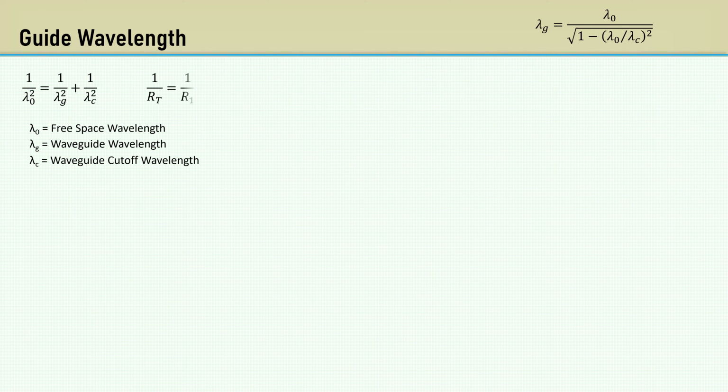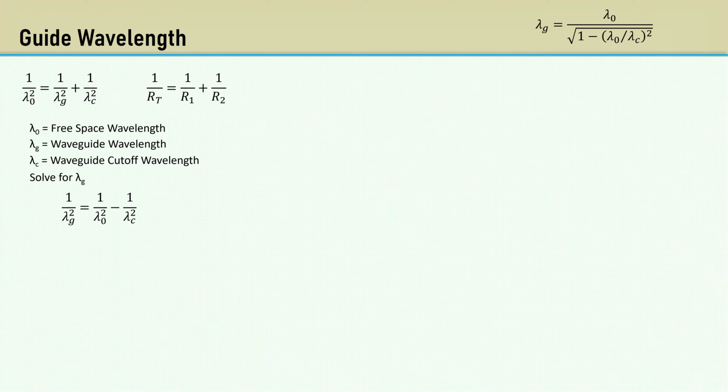It has a form like the formula for resistors in parallel. Applying that concept, the free space wavelength will always be less than the waveguide wavelength and less than the cutoff wavelength. Now all we need to do is solve for lambda g.